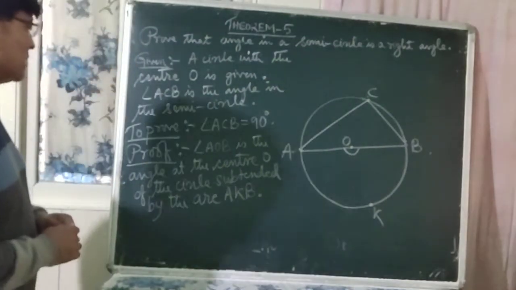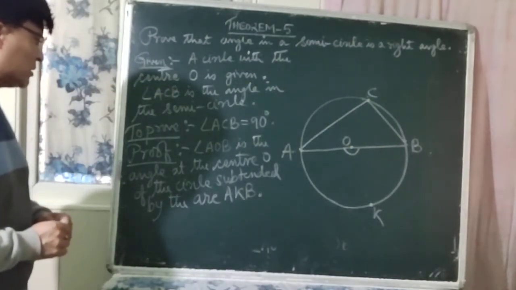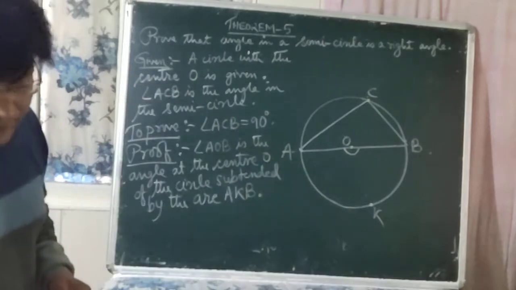So angle AOB is the angle at the center O of the circle subtended by the arc AKB.